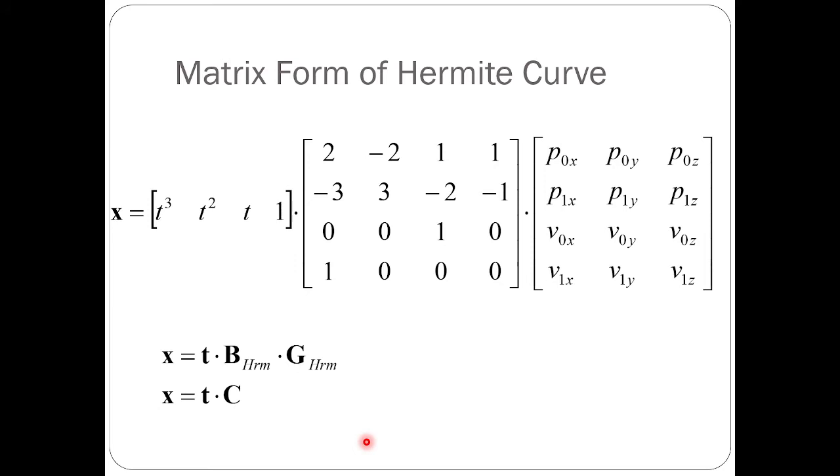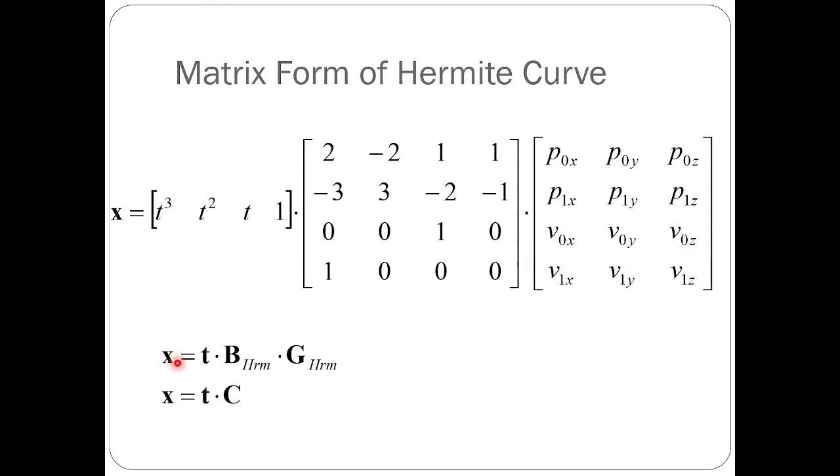Next, x equals t cubed, t squared, t, 1 times the matrix 2, minus 2, 1, 1, minus 3, 3, minus 2, minus 1, 0, 0, 1, 0, 1, 0, 0, 0, times p0x, p0y, p0z, p1x, p1y, p1z, v0x, v0y, v0z, v1x, v1y, v1z.